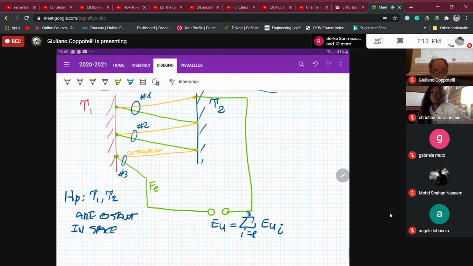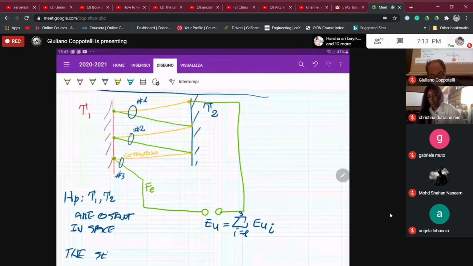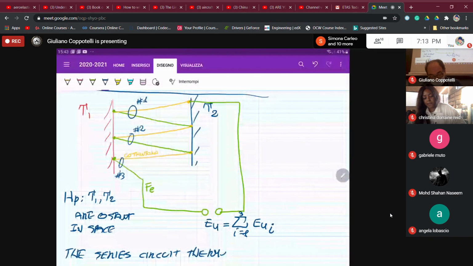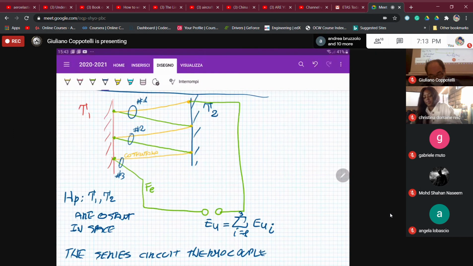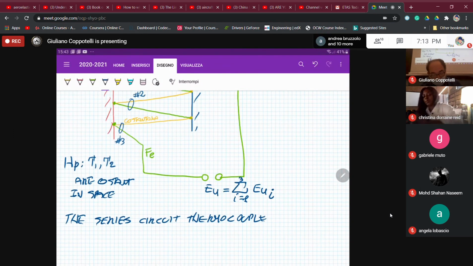So as a result, we can say that the series circuit thermocouple, that is the overall thermocouple in our analysis, has 3 thermocouples placed in a series sequence.